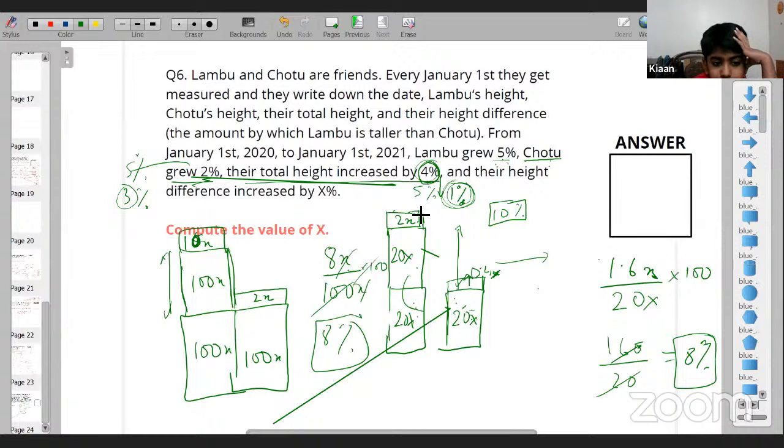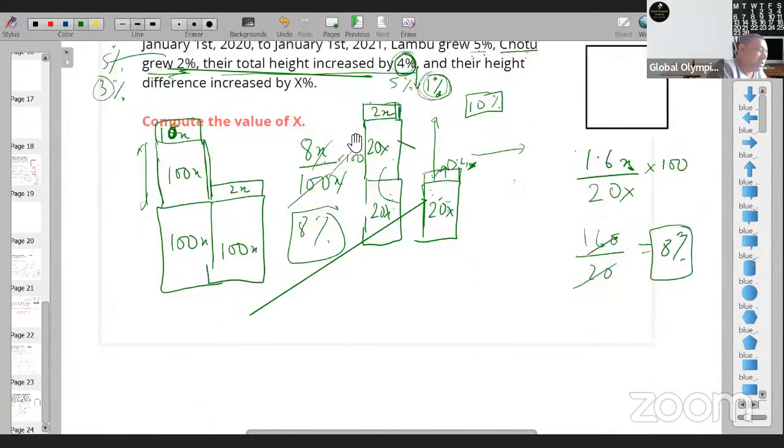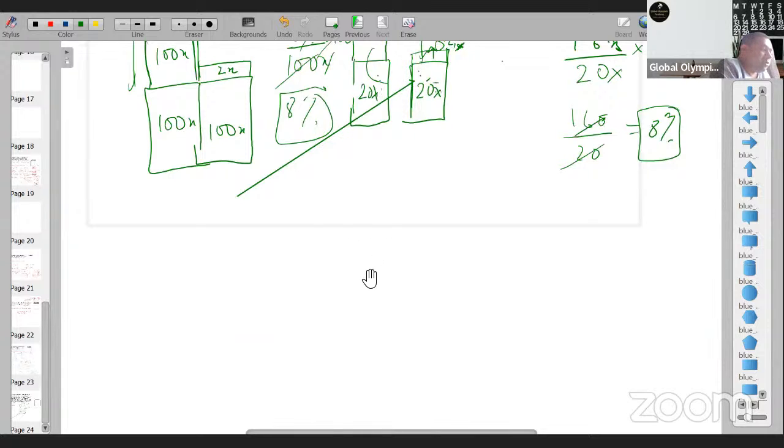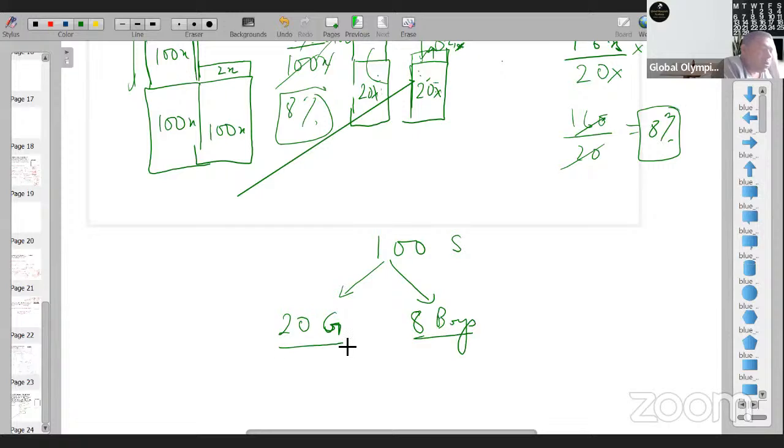Yep. I'll give you an example. Okay. Let's say you have a class of 100 students and you have 20 girls here. Okay, and 80 boys.